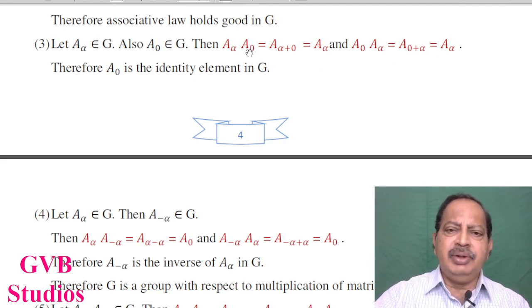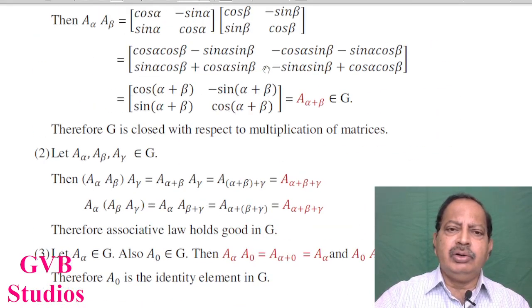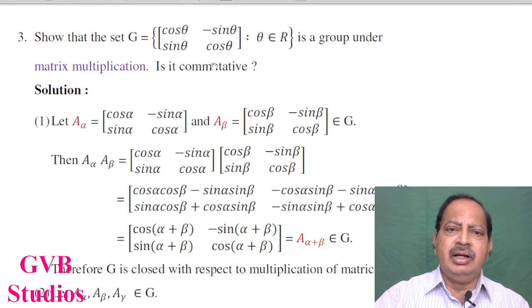Here A0 is multiplied with A alpha on the right side, and on the left side we get the same element A alpha. So A0 is called the identity element in G. So we go to the set G. Here I am taking 0 in the place of theta, so this is cos 0, minus sin 0, sin 0, cos 0.